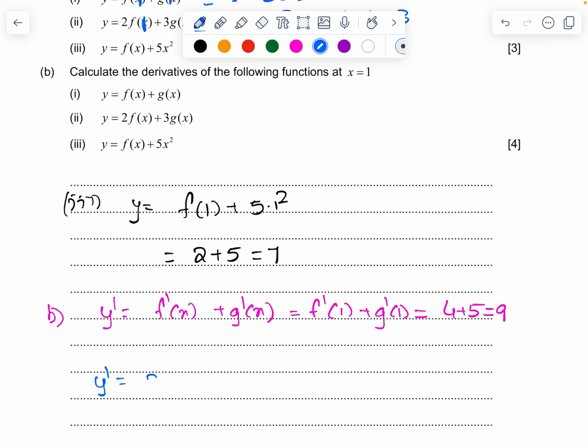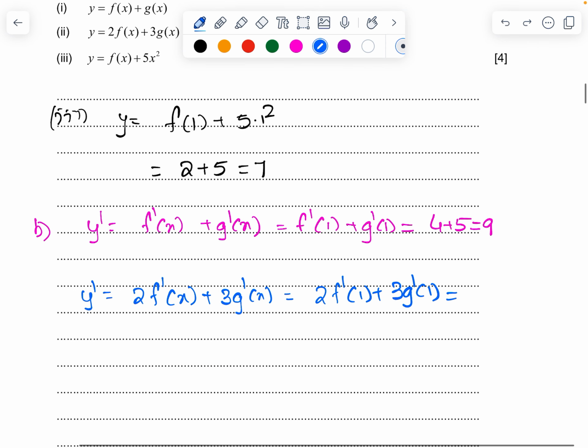Next one is y prime equals 2 times f prime x plus 3 times g prime x. So which is 2 times f prime 1 plus 3 times g prime 1, which is 2 times 4 plus 3 times 5, which is 8 plus 15, which is 23.